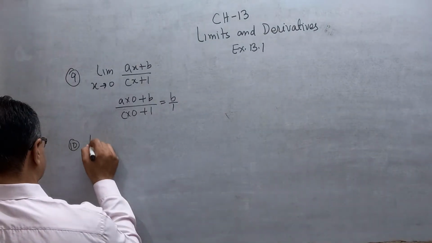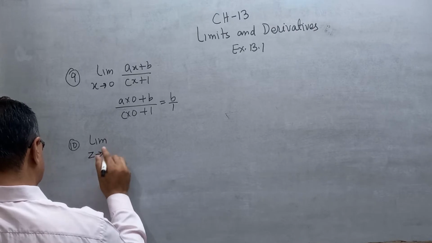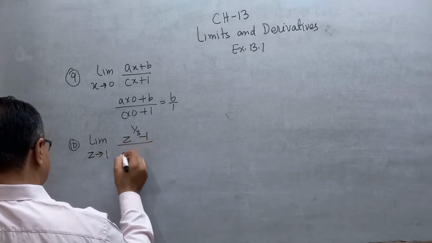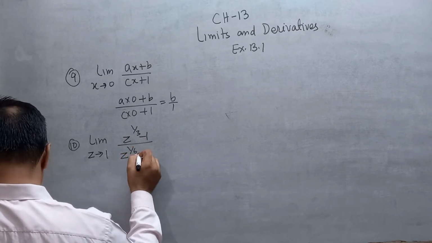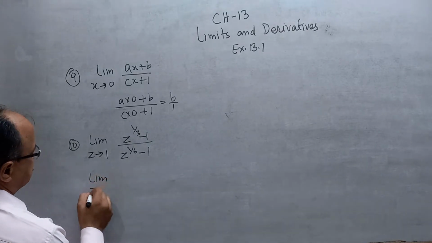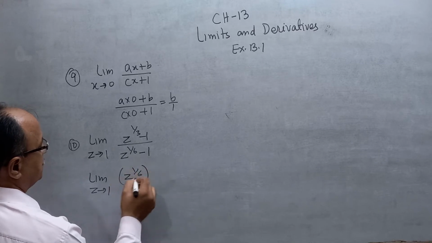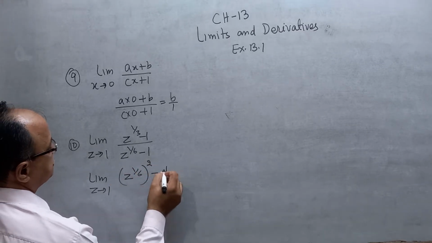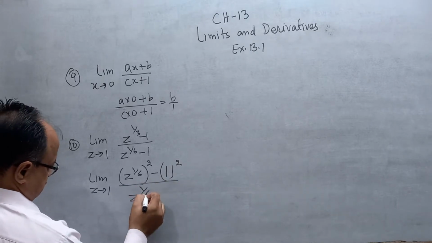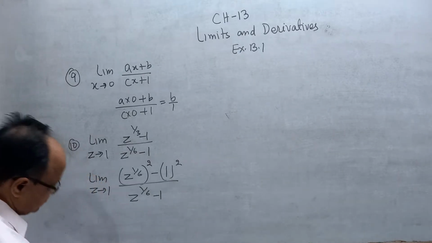Then limit z approaches 1, (z to the power 1 by 3 minus 1) upon (z to the power 1 by 6 minus 1). You can write z to the power 1 by 3 as (z to the power 1 by 6) whole squared. Can you write like this?